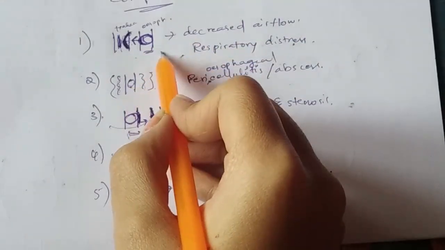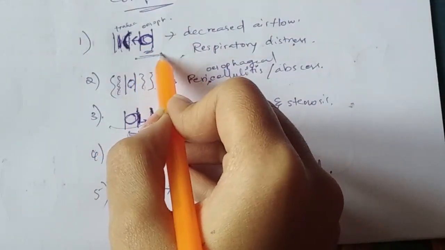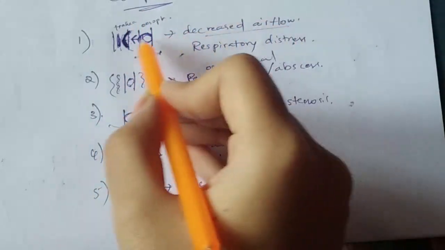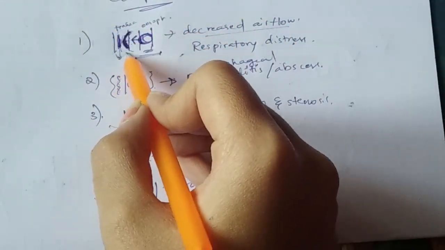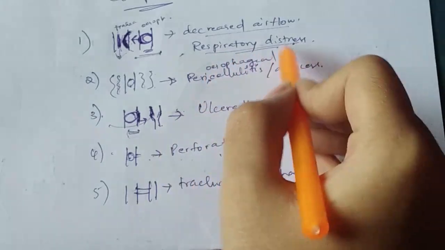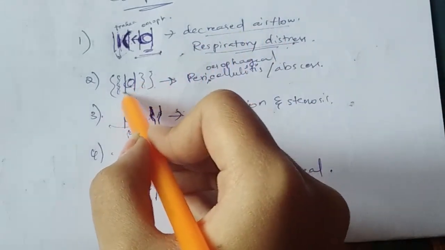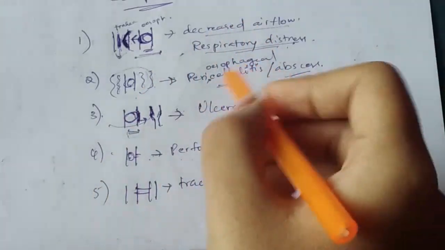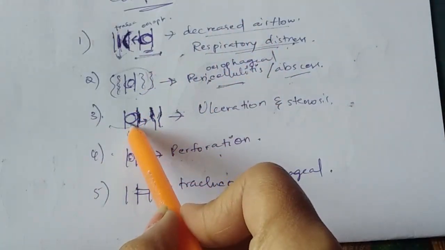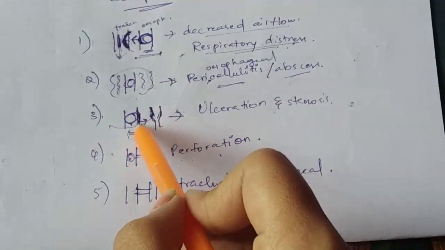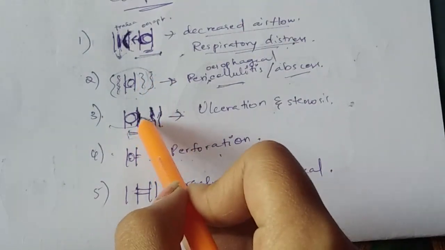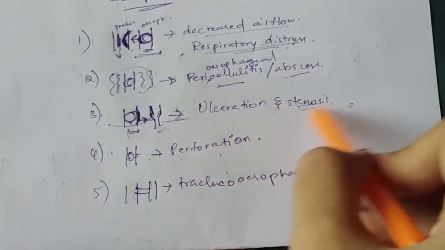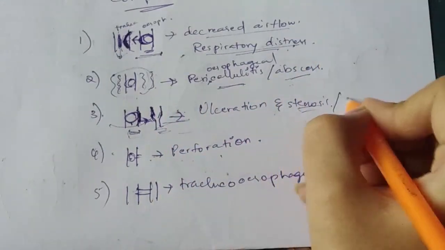So first of all, due to the presence of foreign body in the esophagus, there will be compression of trachea leading to the decreased airflow. Due to the obstructed airflow, there will be respiratory distress. And presence of foreign body causes periesophageal cellulitis and abscess. And long-term presence of this foreign body can cause ulceration of the esophageal wall, and that can further lead to stricture, leading to stenosis or stricture.